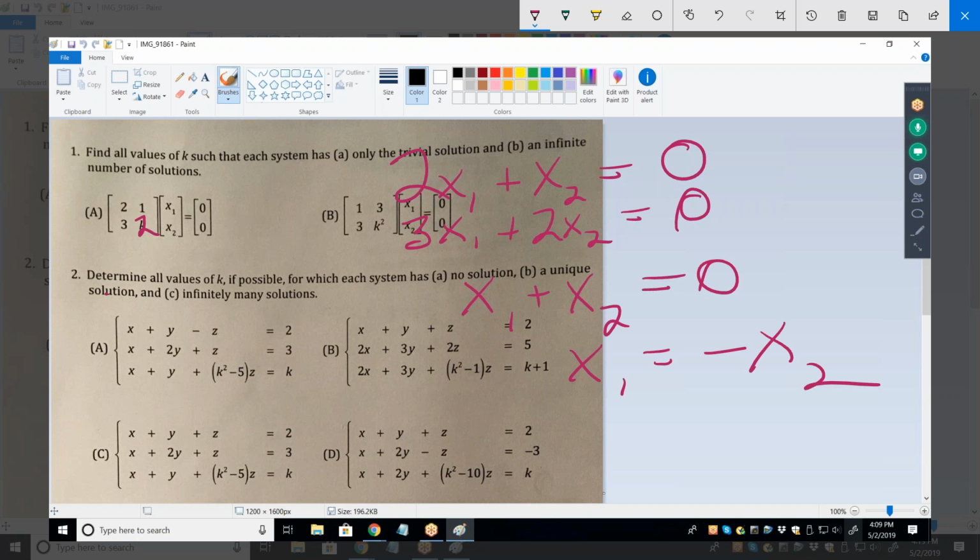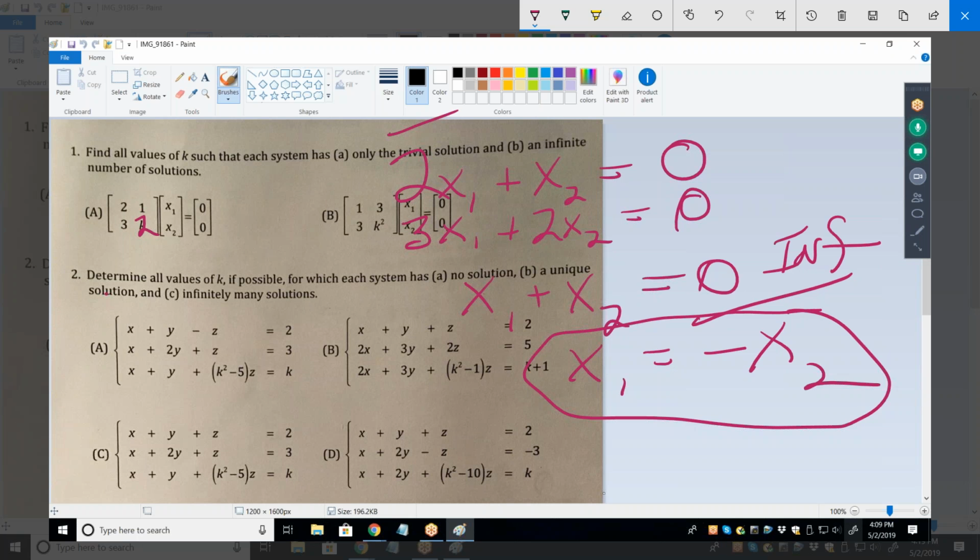Now that, to me, is not a trivial solution because x sub 1 and x sub 2 can be a lot of different things. I assume a trivial solution gives me a solution for x sub 1 and x sub 2, and this gives me infinitely many. In other words, x sub 1 could be 10, x sub 2 could be minus 10; x sub 1 could be 8, x sub 2 could be minus 8. So I've got lots of different solutions, as I would expect because I have 2 variables and only one equation.